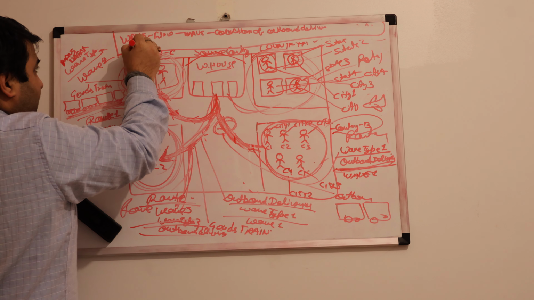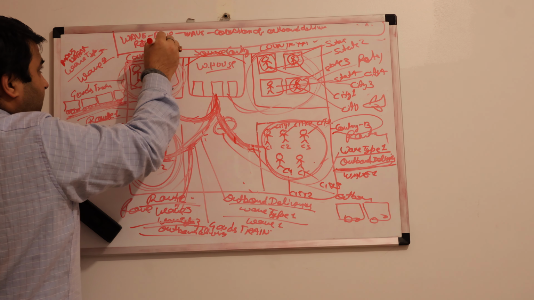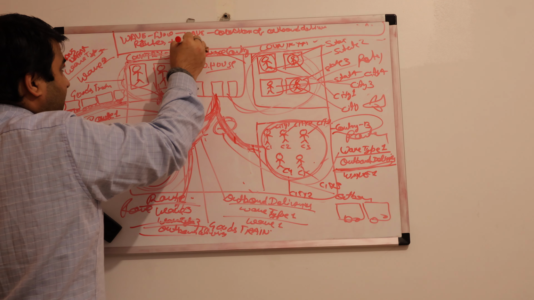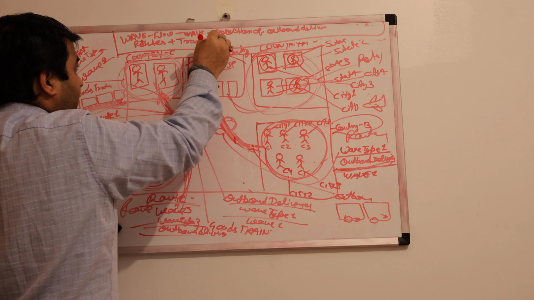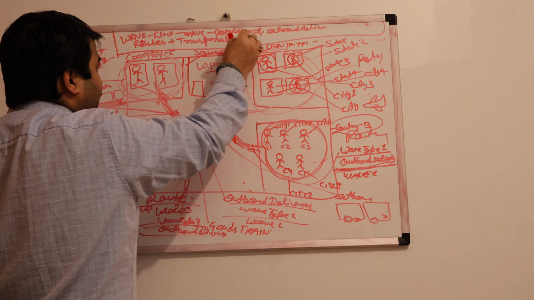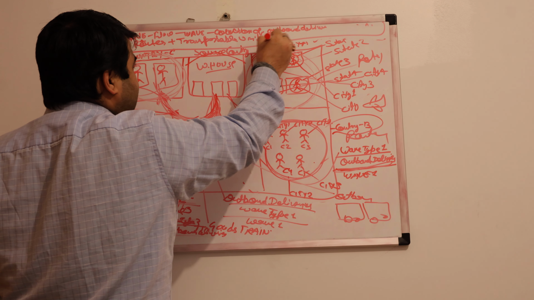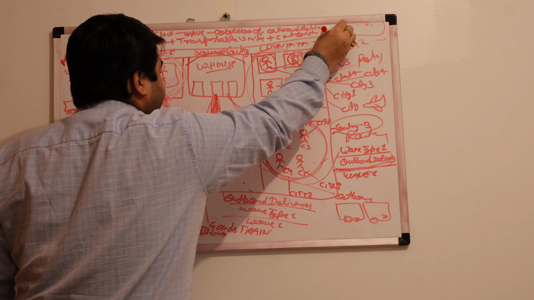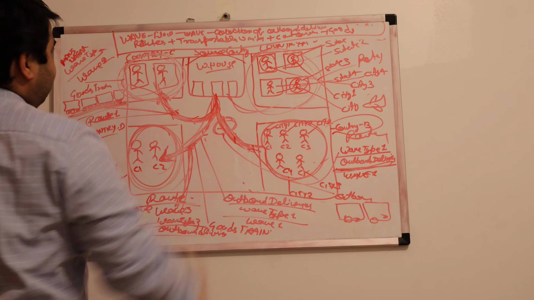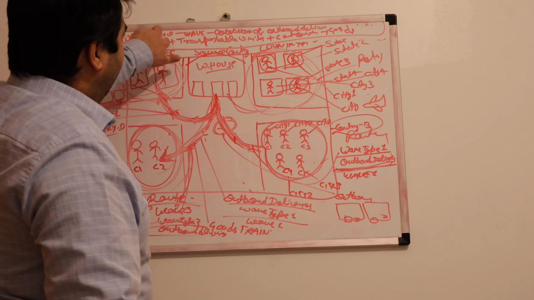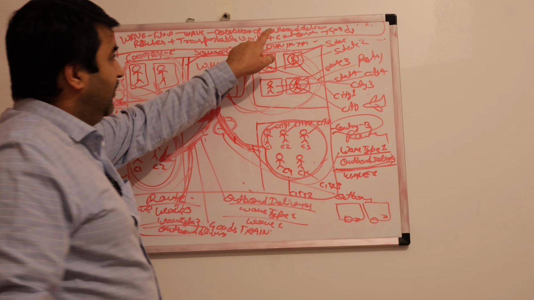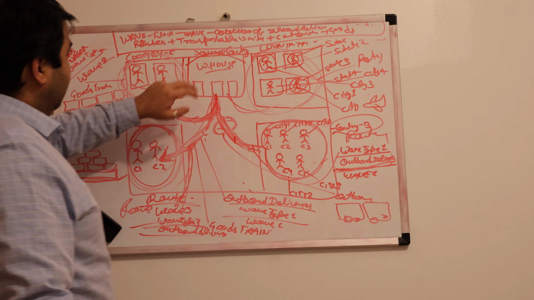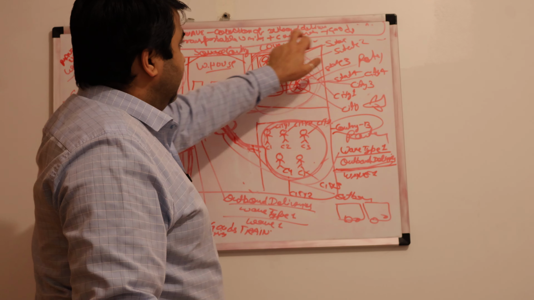Wave plus routes plus transportable units plus customers plus goods, all are friends. Wave, flow, wave, a collection of something, what? Outbound deliveries, routes, transportable units, customers, goods.